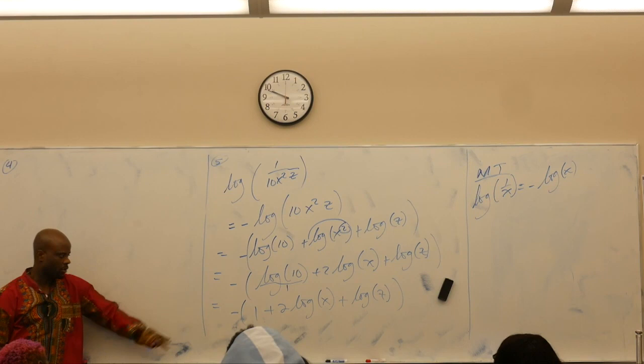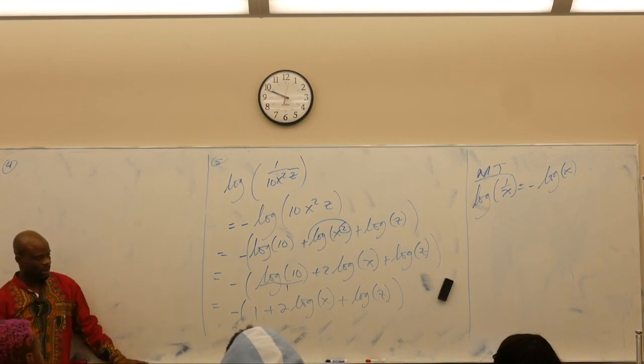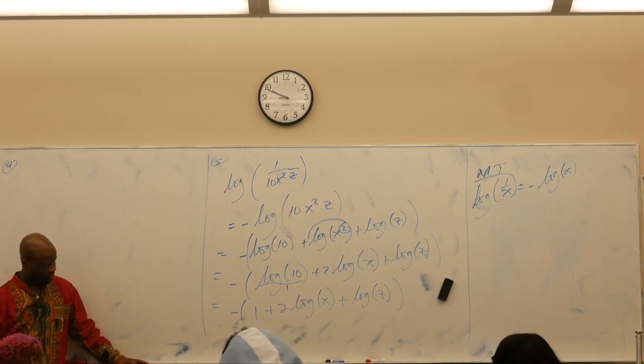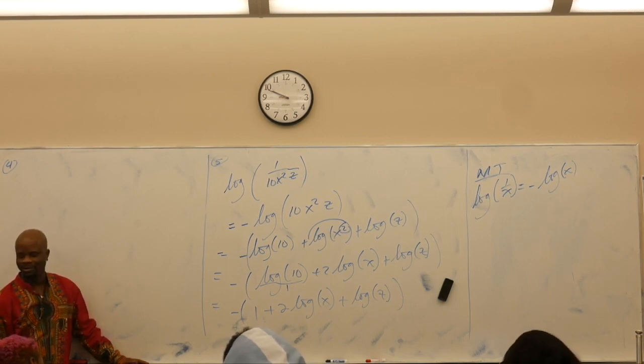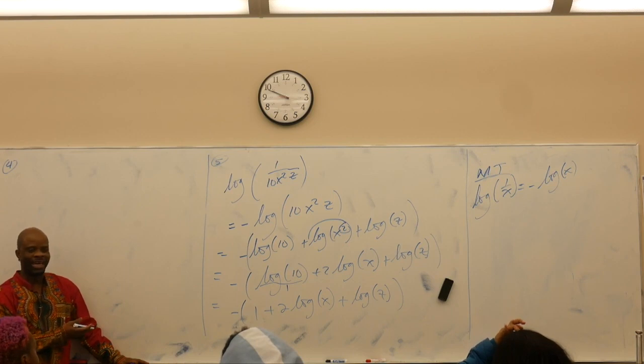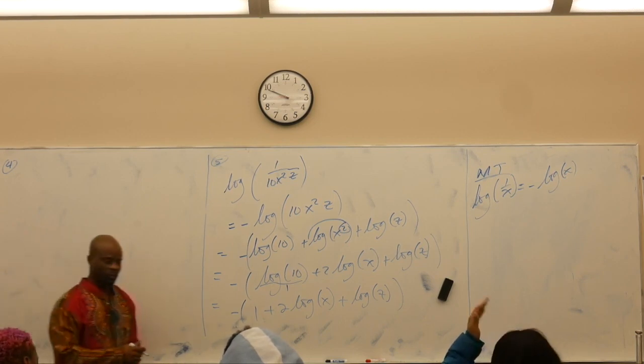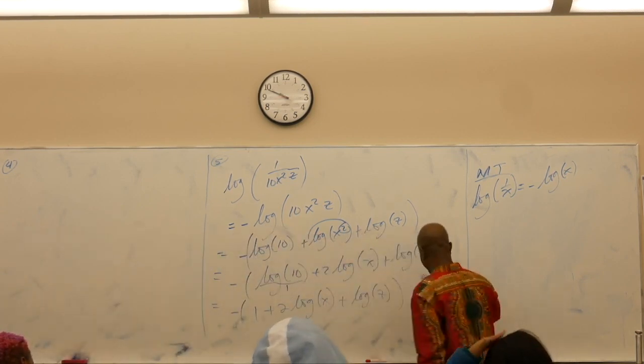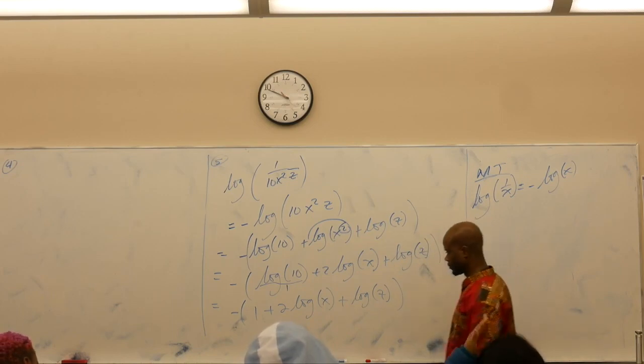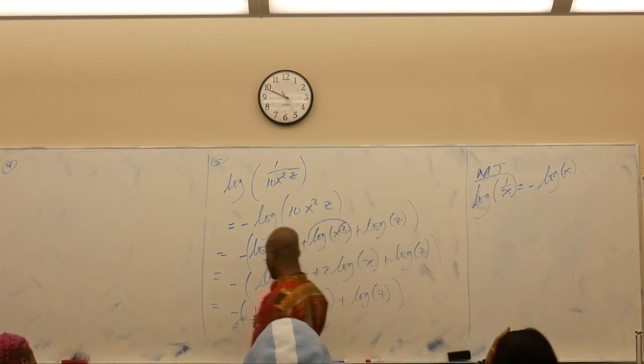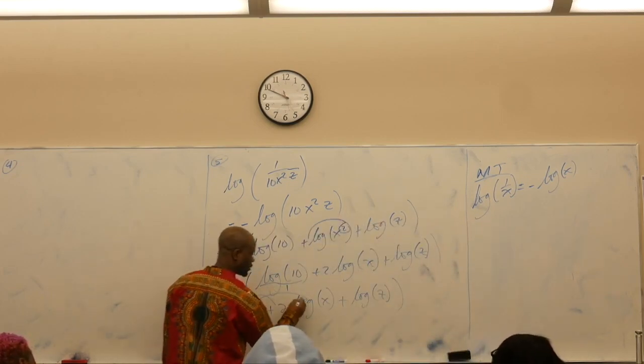And if you stopped here, I mean, depending on where you came from, it could be okay. But for those of you who came from Arbrown to BC, we don't stop here. We just distribute a negative to everything, right?